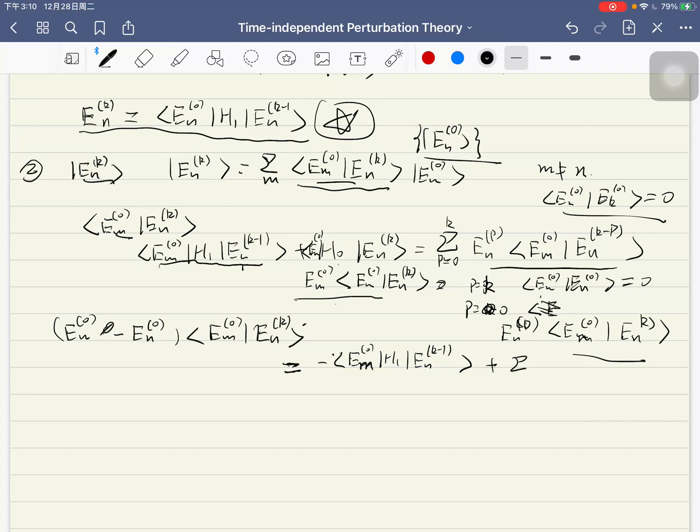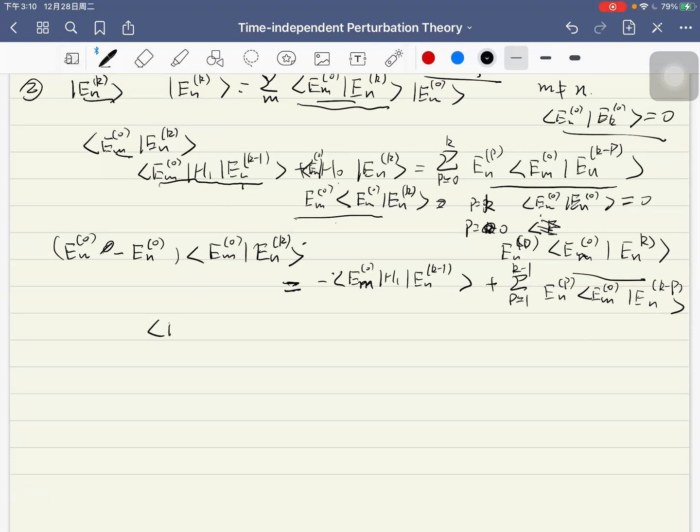And the plus sum p from 1 to k minus 1. So we have the E_mp, 0, E_n,k minus p.